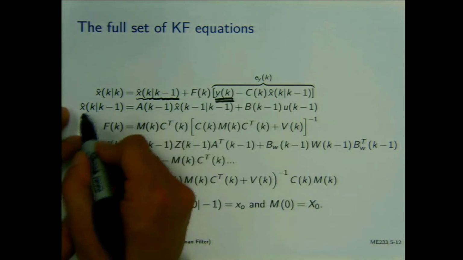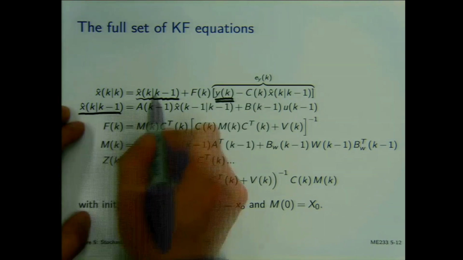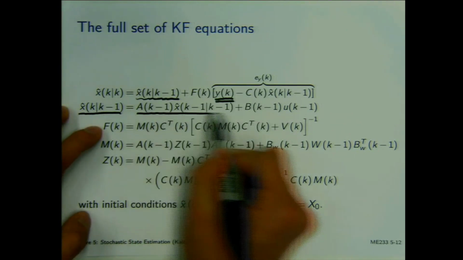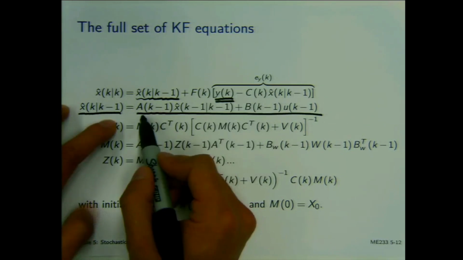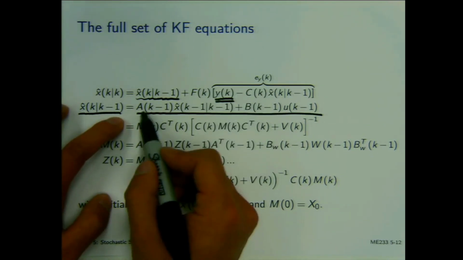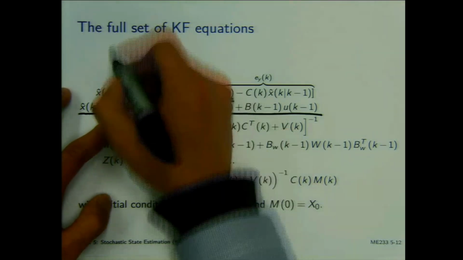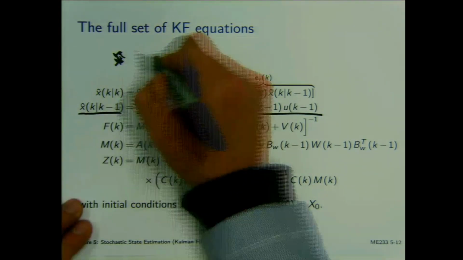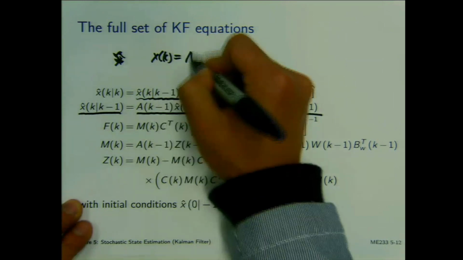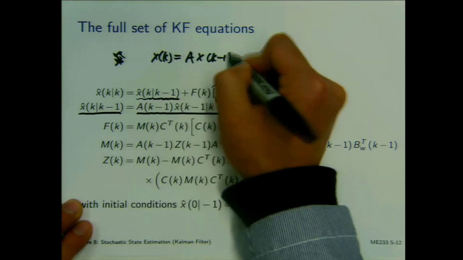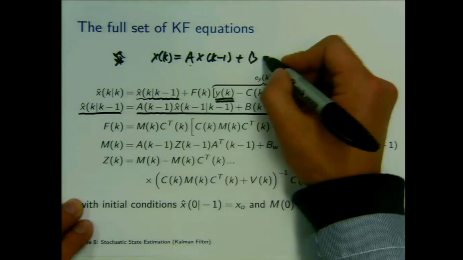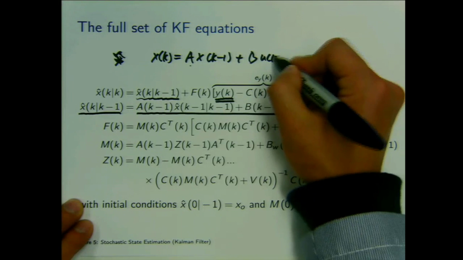And then if I want to obtain this quantity here, I don't have much information up to k. Then the best I can do is filter this process. So this is for x k equals A x k minus 1 plus, again, I'm using the constant matrices, but it doesn't matter.